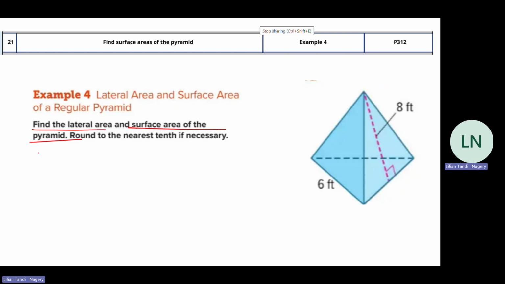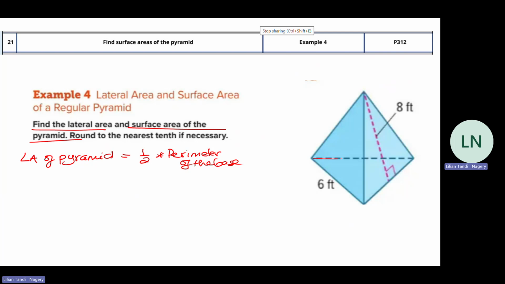Okay, so the lateral area of a pyramid equals half times the perimeter of the base, which is here.